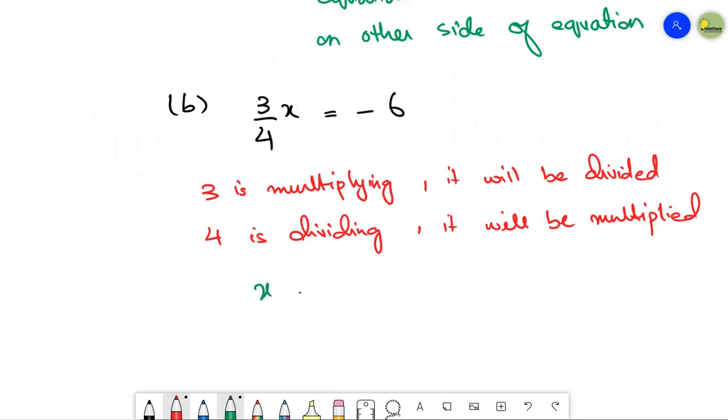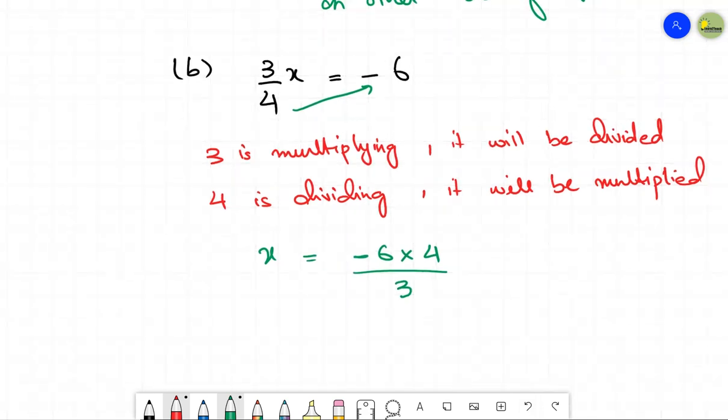x will be written as it is. 4 will be shifted to the numerator and 3 will be shifted to the denominator. So in the numerator, I already have minus 6, so I need to multiply minus 6 with 4. Similarly, divided by 3. Why? Because I know that 3 was in the numerator, so when you change it, you will divide minus 6 multiplied by 4 by 3.